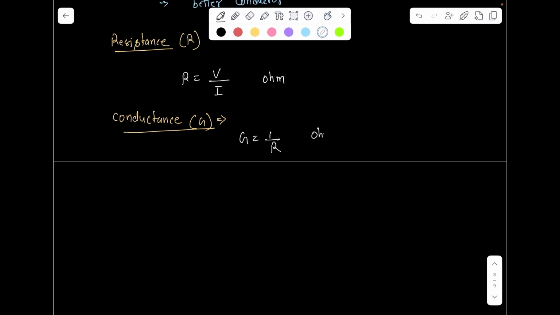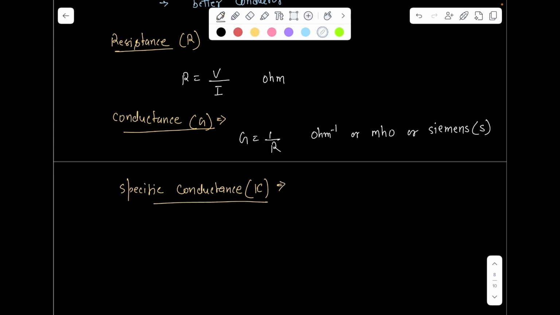We can write its unit as ohm inverse, or mho, or siemens, represented by S. Then after that we have resistivity. Resistivity's opposite, I'll write, is the specific conductance, represented by the special symbol kappa. Specific conductance kappa is the reciprocal of the resistivity.